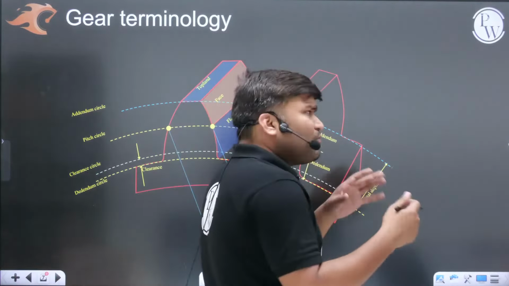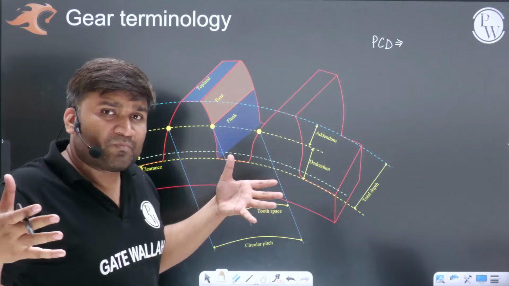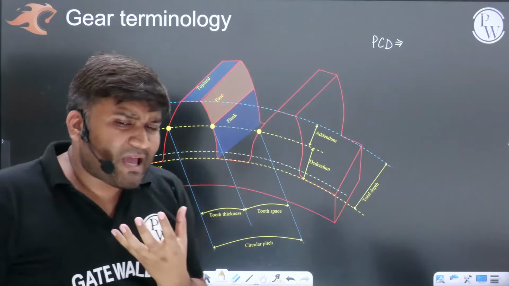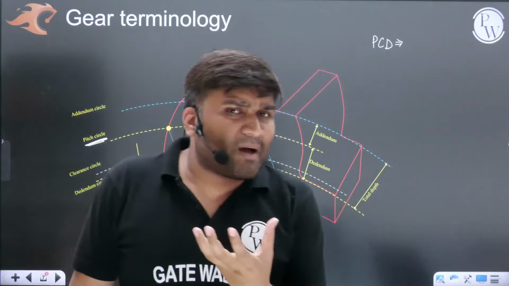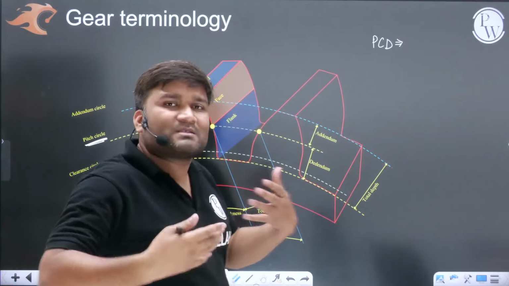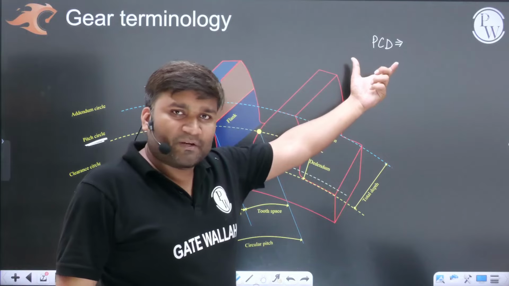The diameter of this circle is what we use to describe the size of the gear. There are so many circles, but in the market, whenever we have to describe the size of a gear, we use this circle. By the diameter of this circle, we describe the size of the gear: pitch circle diameter.